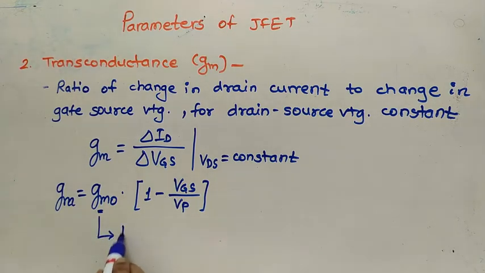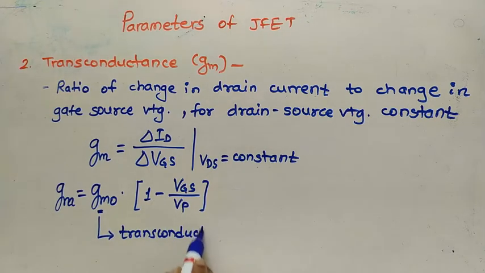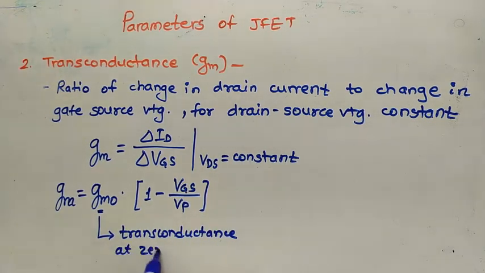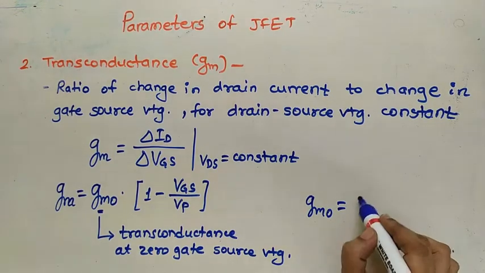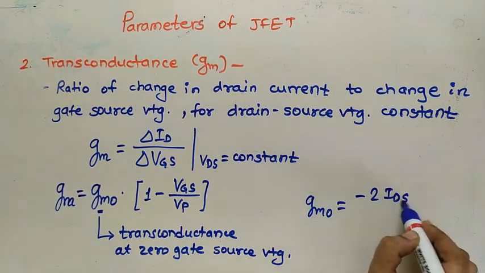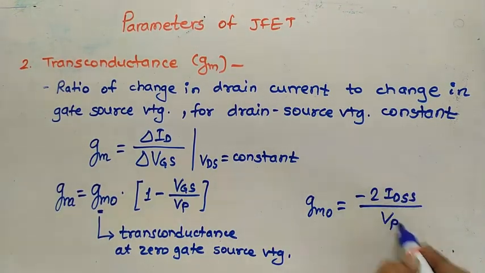The formula of g_m0 can be given as minus 2 I_DSS upon V_P.